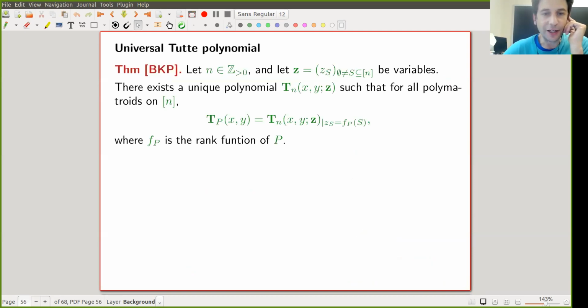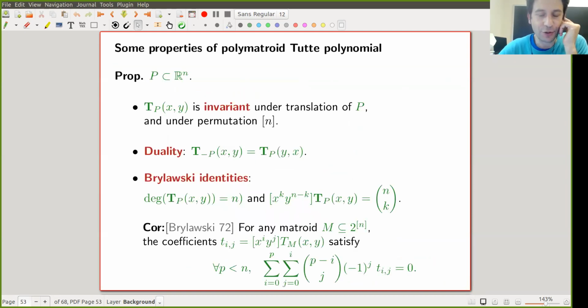Yes, I mentioned duality very fast, but let me go back to what we mean by the dual of a polymatroid. If you think about a matroid as a set of points in {0,1}^E, what is the dual? You have to flip your matroid: 1 becomes 0 and 0 becomes 1.